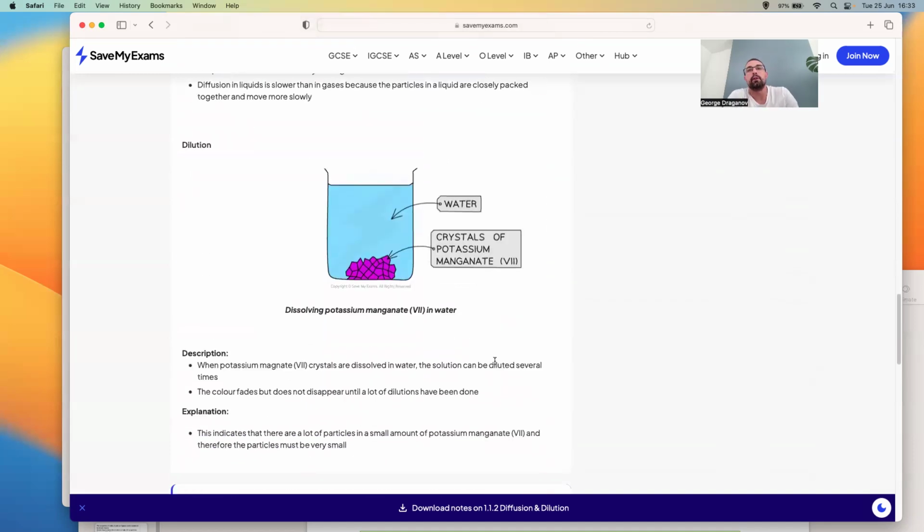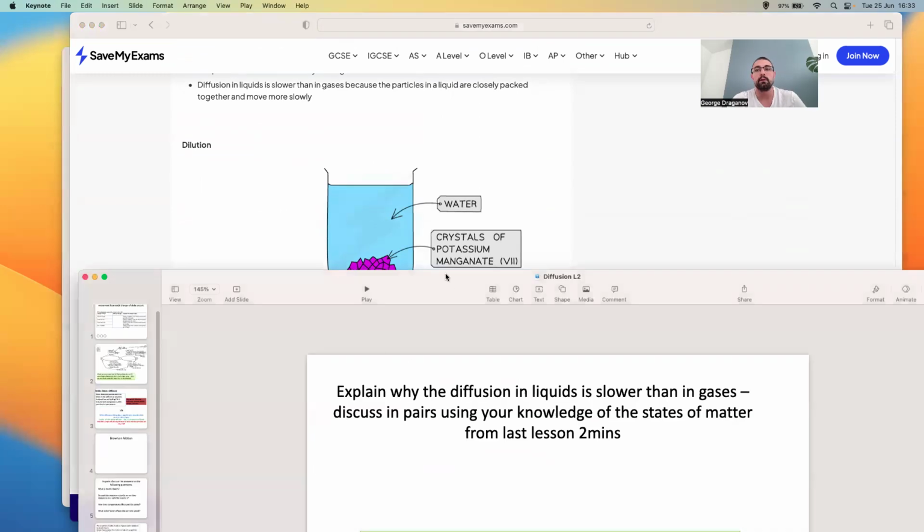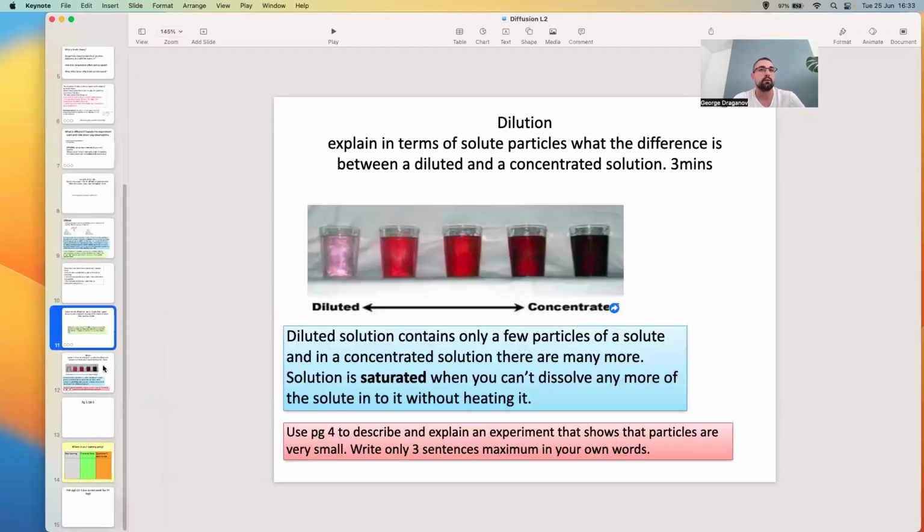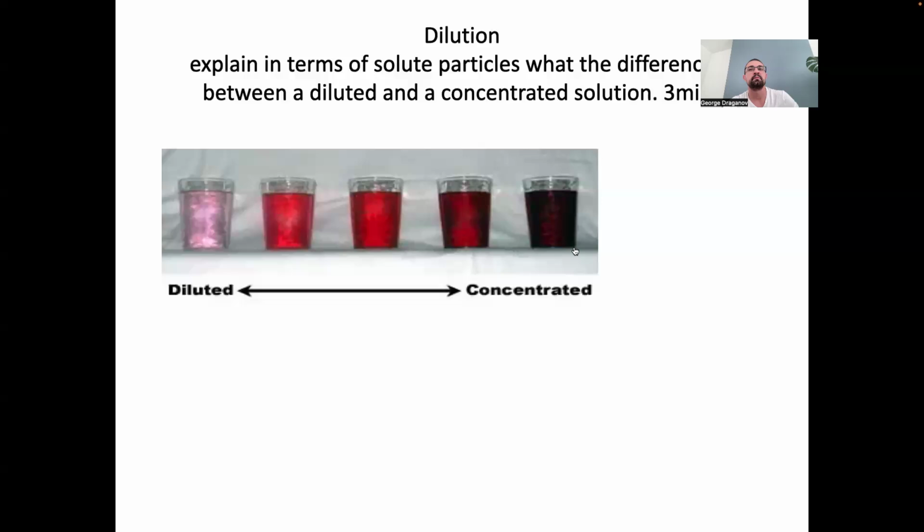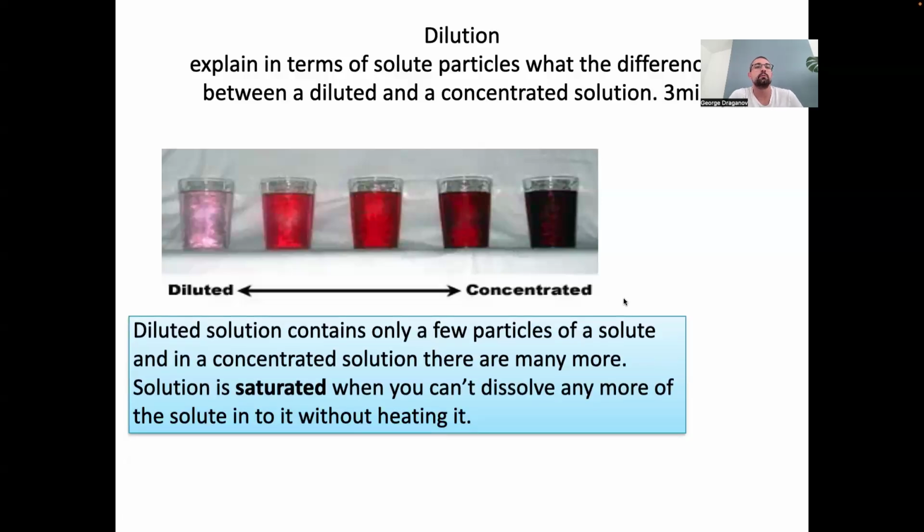Last thing we talk about is dilution. So first of all, what is dilution? Let's have a look here. A diluted solution contains only a few particles of the solid, and in a concentrated solution, there's much more of the solid and less of the liquid, the solvent.